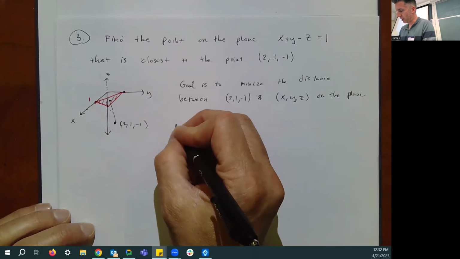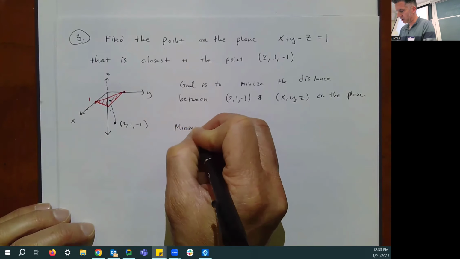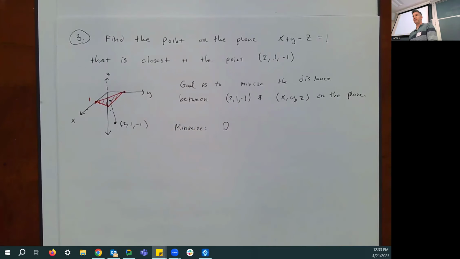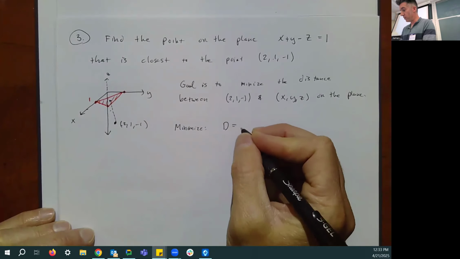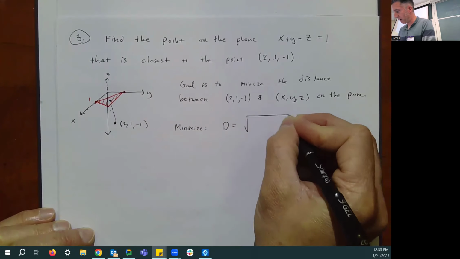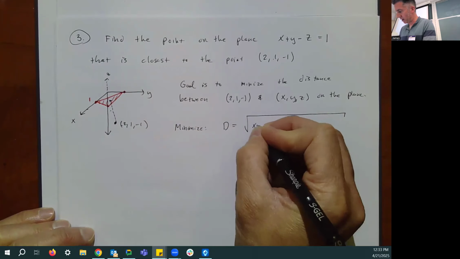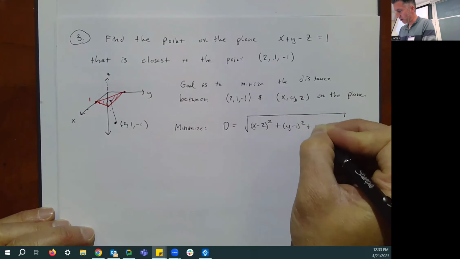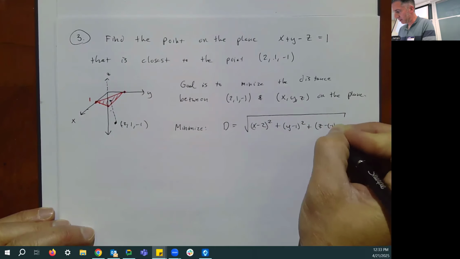So we're trying to minimize the distance, which we also use a capital D for, unfortunately. It's just typical. Between these 2 points, which is the square root of the difference in the x's squared plus the difference in the y's squared plus the difference in the z's squared.